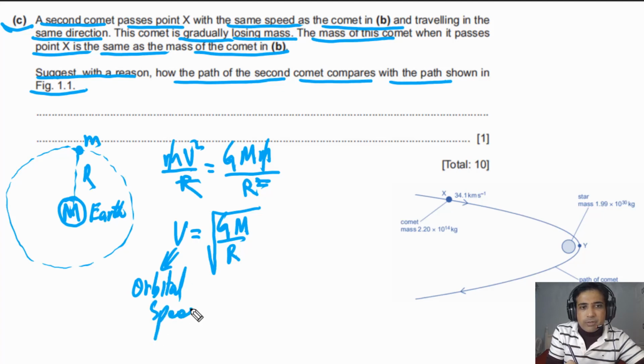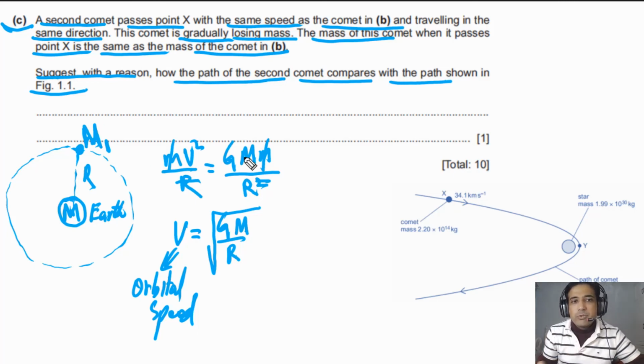Now from here we can see that orbital speed does not depend on the mass of the satellite, or the mass of the object in orbit. If I replace this satellite with another satellite whose mass, let's say, is M1, you will see M1 again will be cancelled.